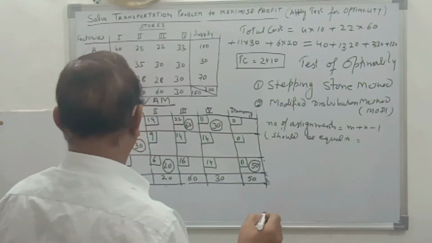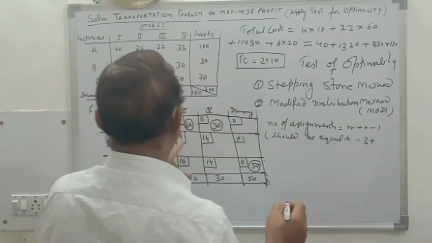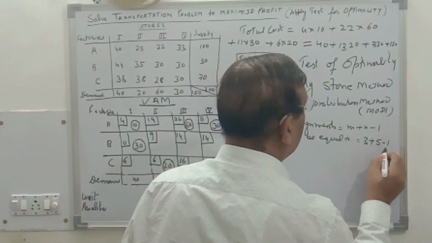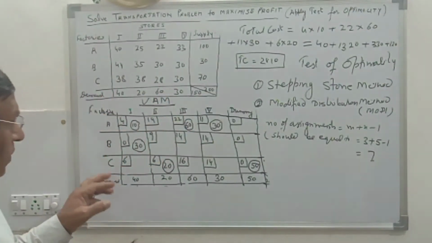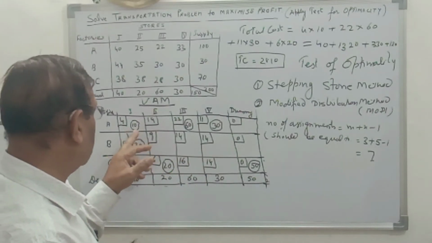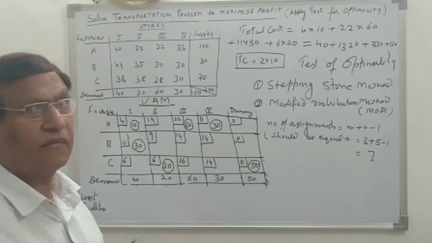There are 3 rows and 5 columns, minus 1, so 7. So the number of assignments should be 7, but here the number of assignments is 1, 2, 3, 4, 5, 6.